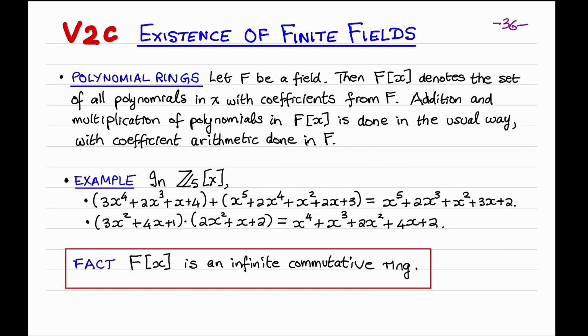It's infinite because it contains infinitely many polynomials, for example the monomials 1, x, x squared, x cubed, and so on. It's easily seen to be a commutative ring because the set of polynomials with the operations of addition and multiplication of polynomials satisfies the 8 axioms of what it means to be a commutative ring.